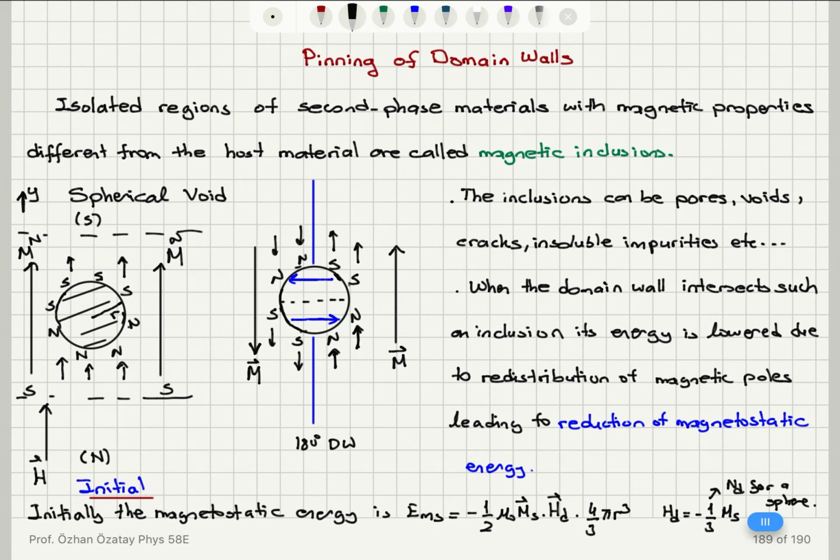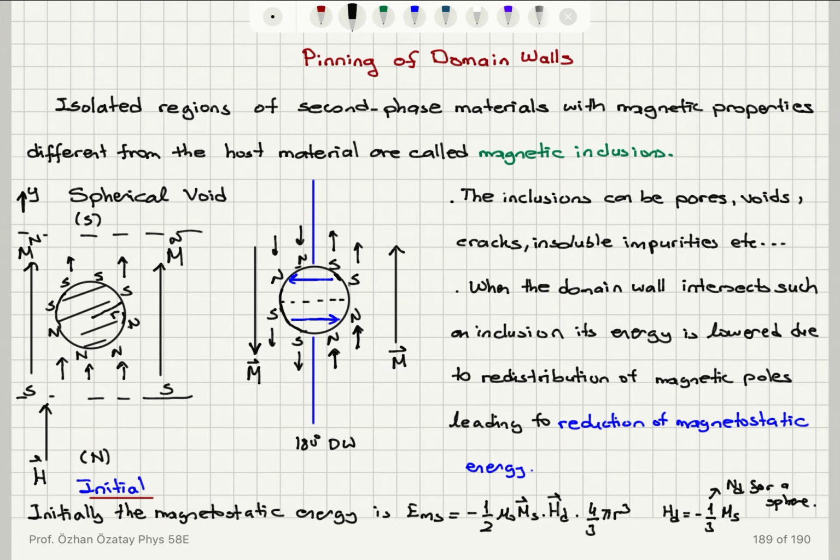So because I have a reduction in the volume of the saturated magnetization by 1/2, the magnetostatic energy of this configuration is lowered by 1/2. But there is this additional domain wall energy here that is being introduced into the system, so that we should think about also.